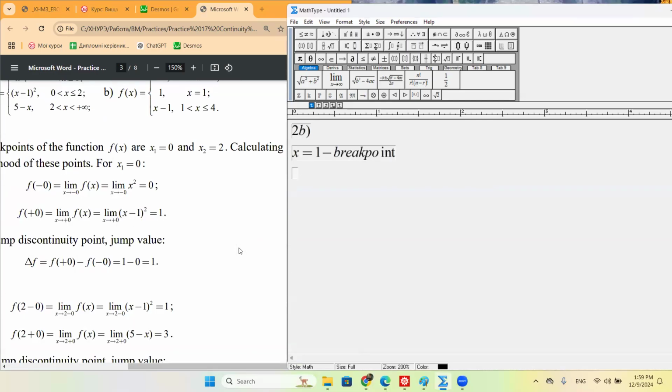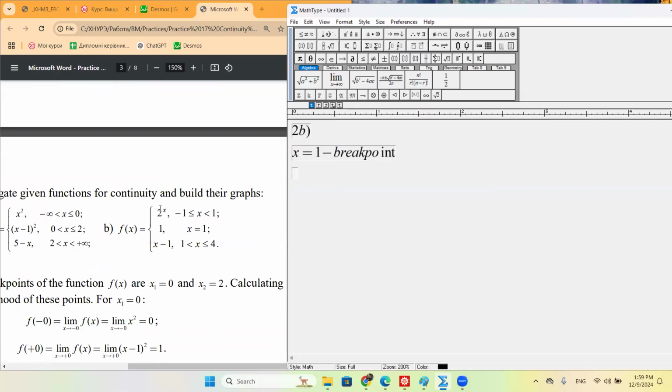We can say that the function doesn't have limits at minus 1 minus 0 and 4 plus 0, but it is basically not defined there. We don't always need to mention such points, and x equals 1 is interesting for us. So let's calculate the limits.